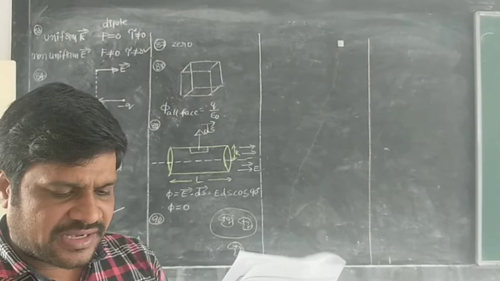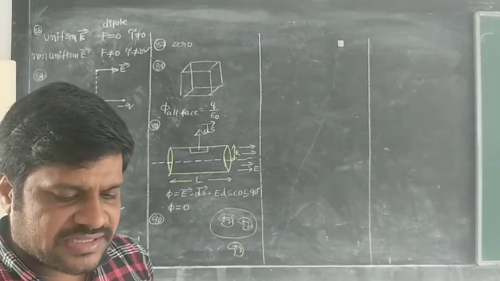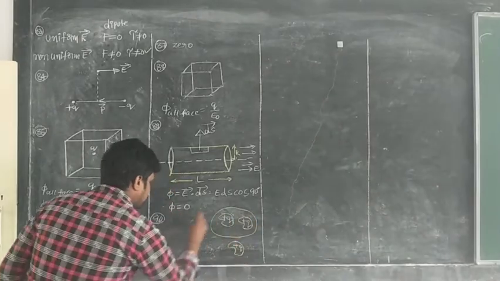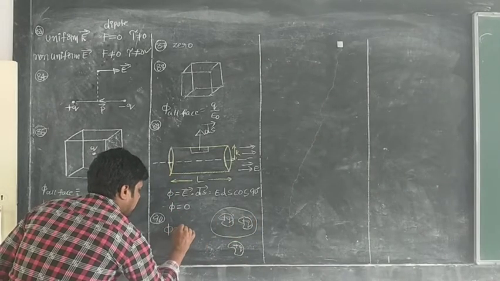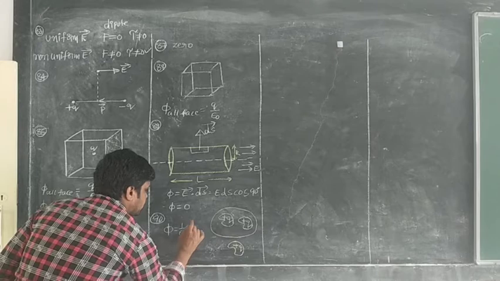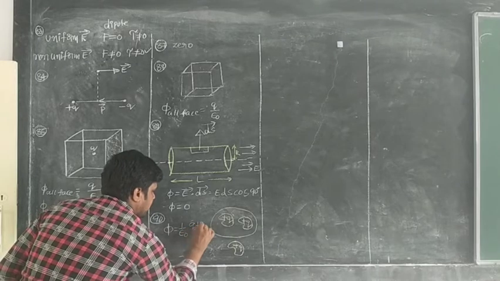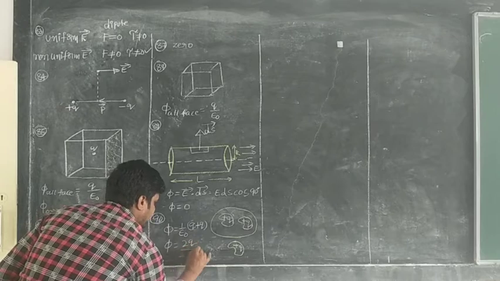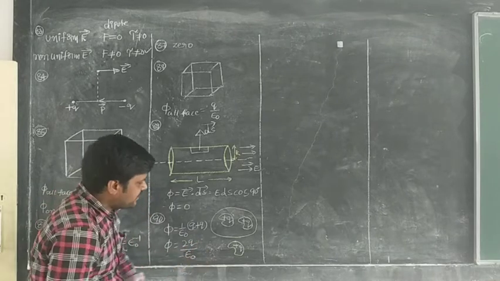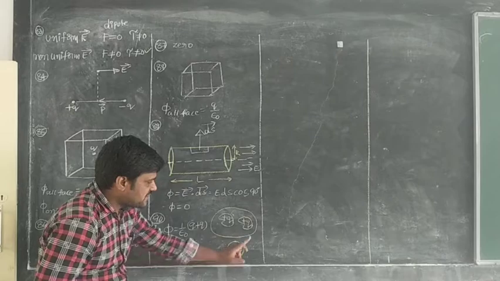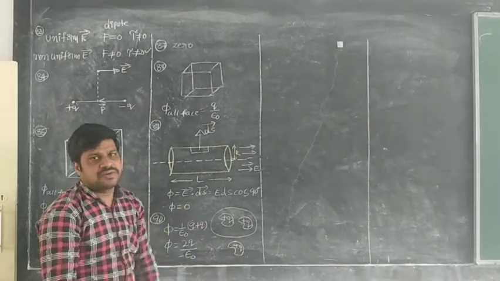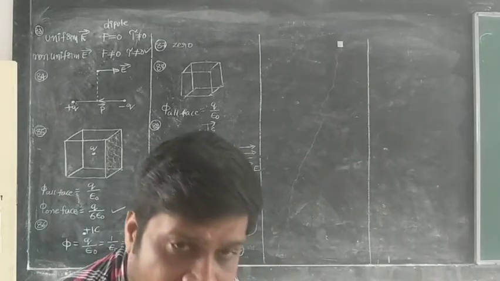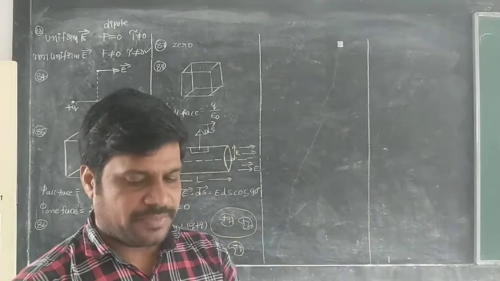The flux of electric field through this closed surface is 1 by epsilon naught into charge q plus q, that is flux equals 2q divided by epsilon naught. This one is outside of the surface, so we are not going to consider it. That is the 90th one, and the option is B.